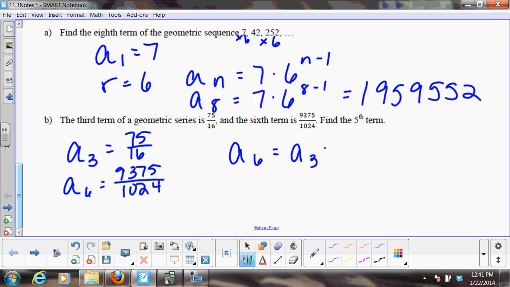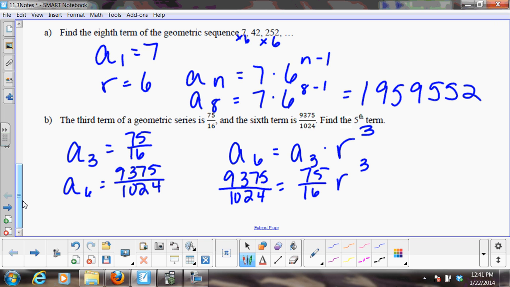We'll do the third term times our r, whatever it may be, 3 more times, right? Because 6 minus 3 is 3. So we're going to plug this stuff in. So here we get that r cubed is 125 over 64.